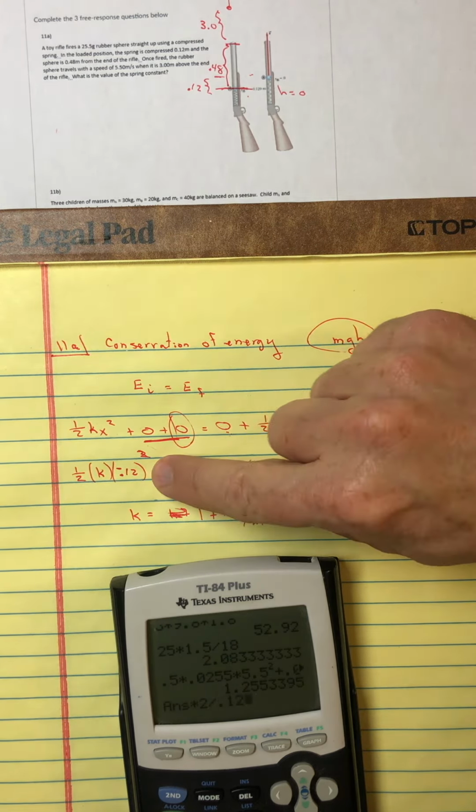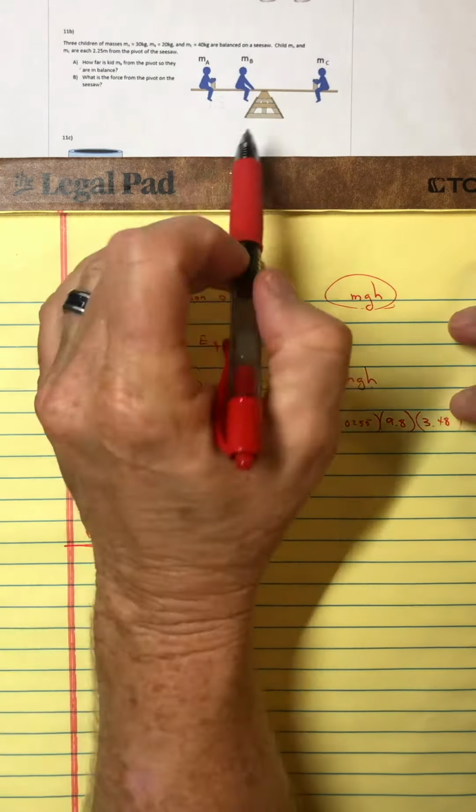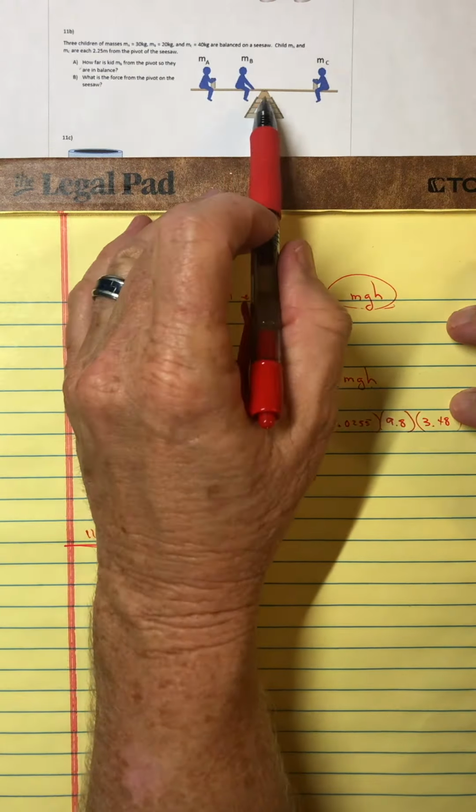And I think I don't want to be too crowded here, but I'll save a little sheet of paper here. I think I can fit 11B on here. Looks like 11B's got 2 parts, but we've got 2 children on one side of the seesaw and a third child on the other side.